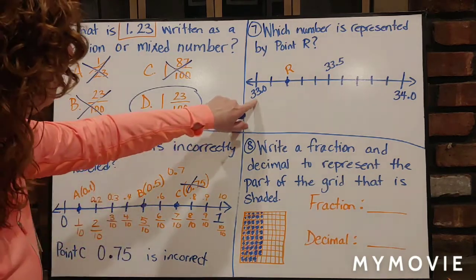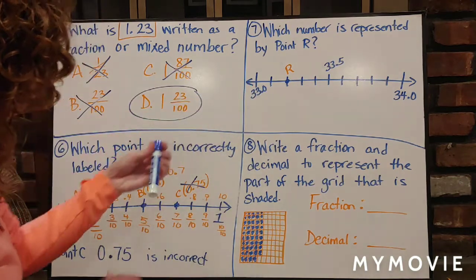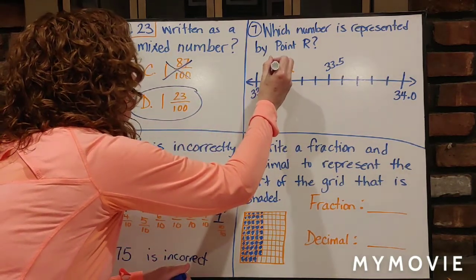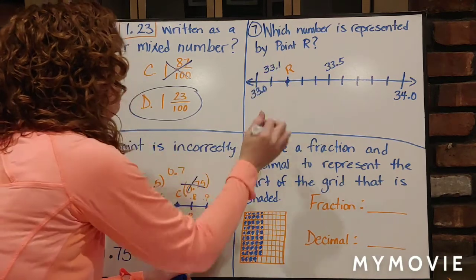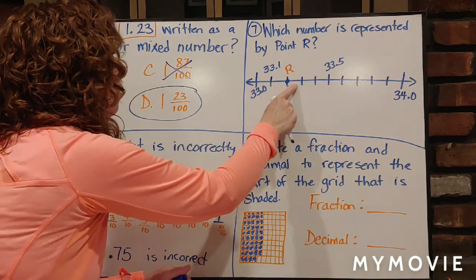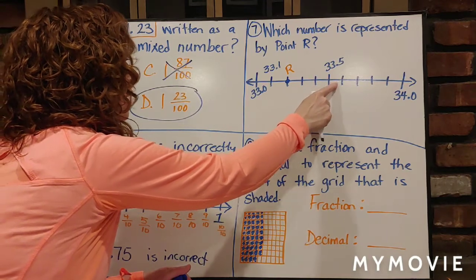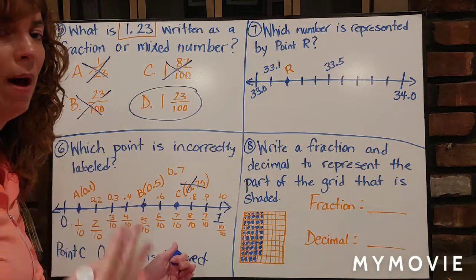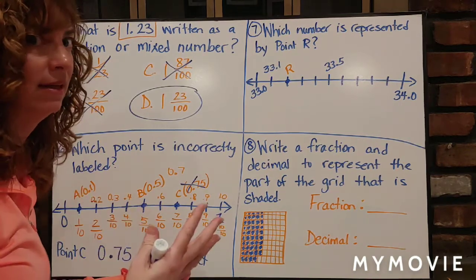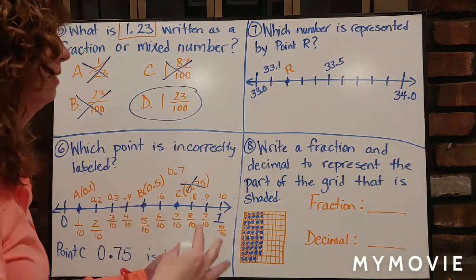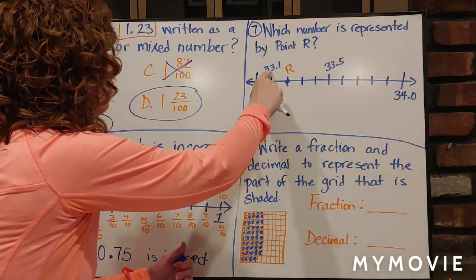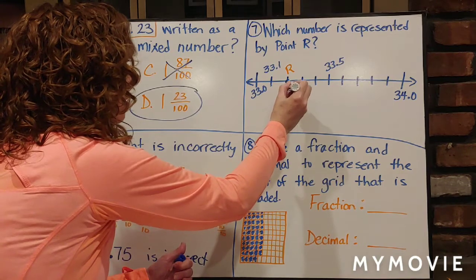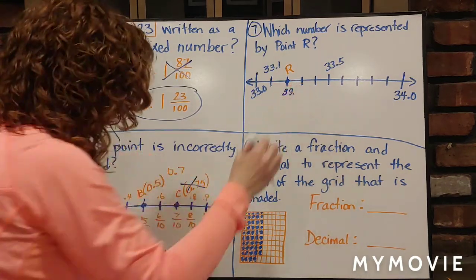It's still going to go up the same. So if we started at 33.0 as our first number, then our second one would be 33.1, because look, we have 1, 2, 3, 4, 5, 6, 7, 8, 9, 10. There are 10 spots on our number line. Tenths. Get it? 10 spots, tenths. So this one would be 33 and 1/10. This one would be 33. Oh, that's messy.